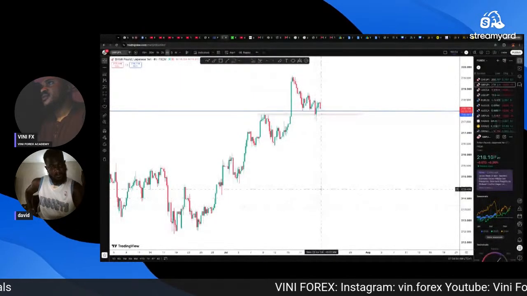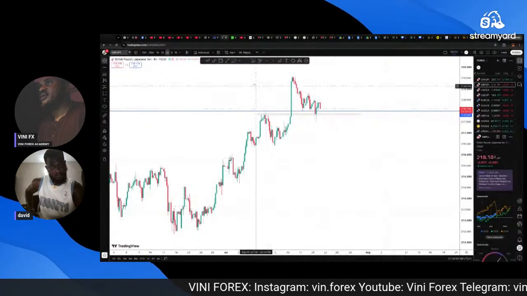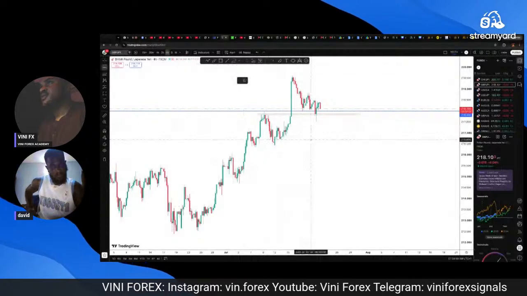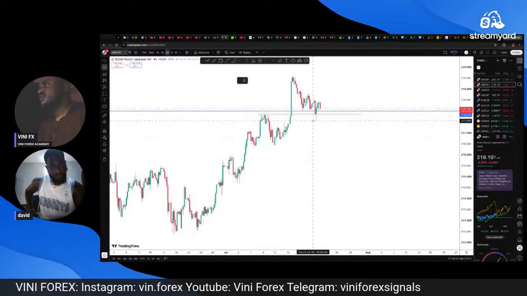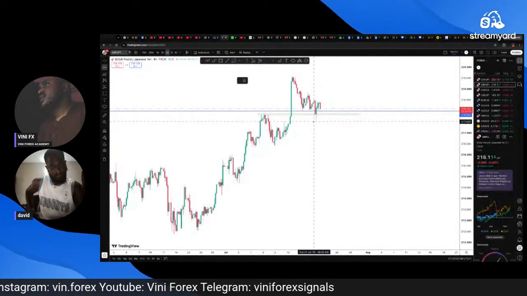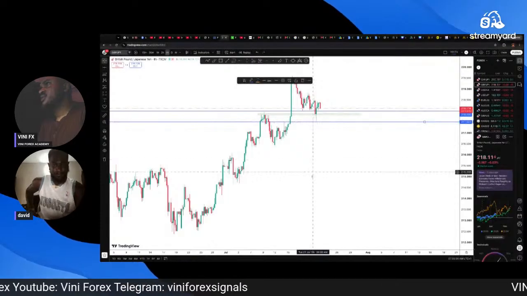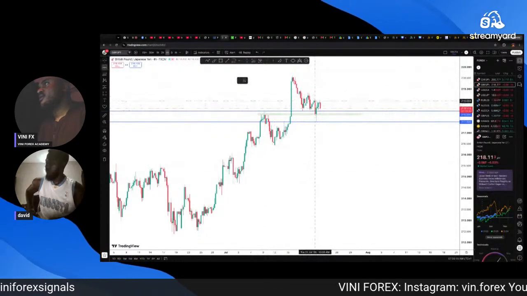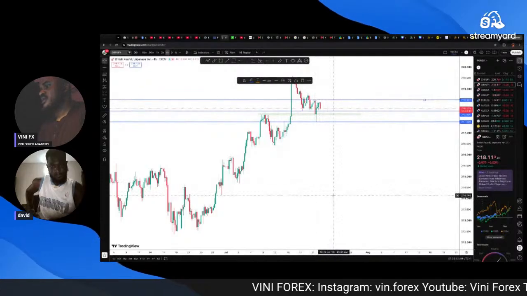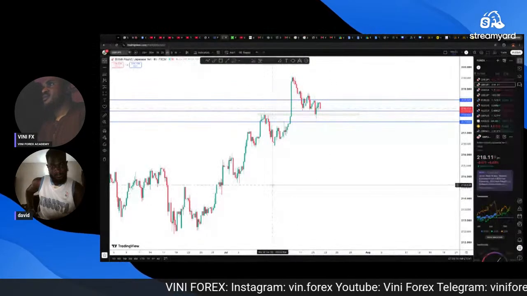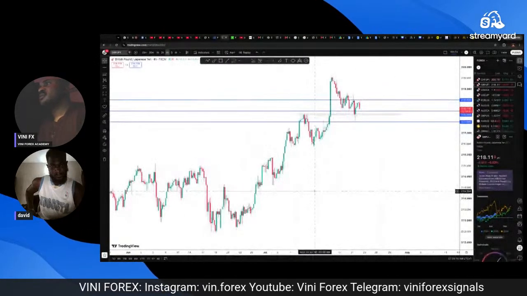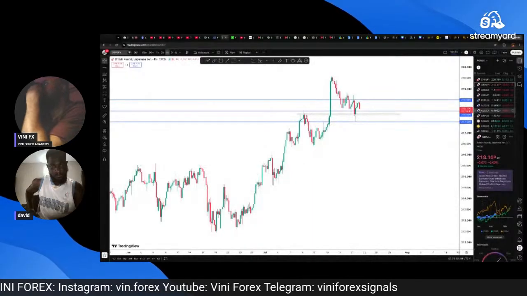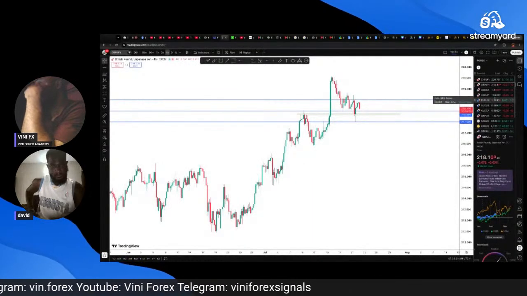Round number is there, and another one below. The side level is also around this point. There's another one up here, 218.500. So this is it. I'm seeing a buy on GBPJPY.